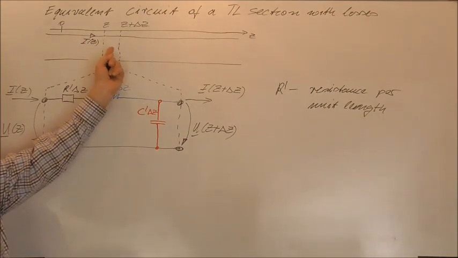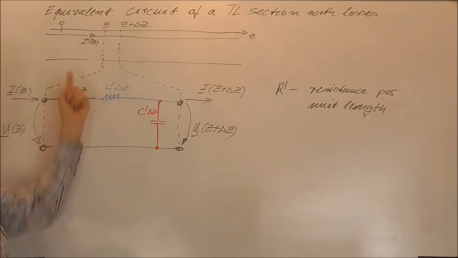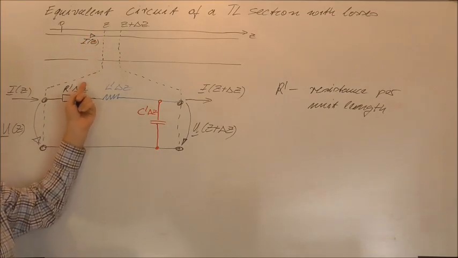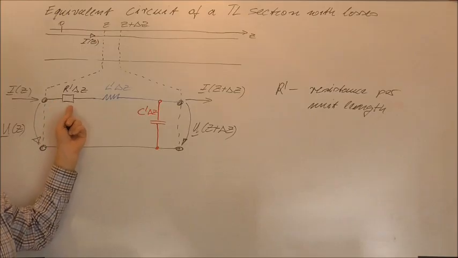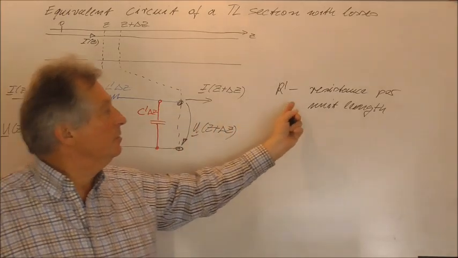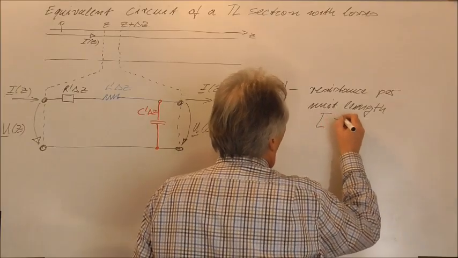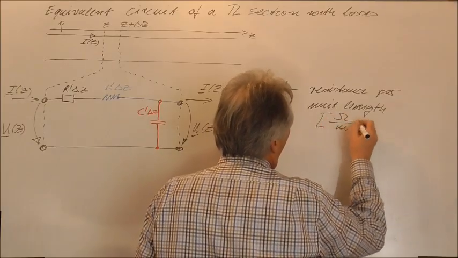As soon as a current is flowing along the line, this current will heat up the line, and these losses are described by our resistance per unit length. Of course, the unit would be ohm or milliohm per meter.